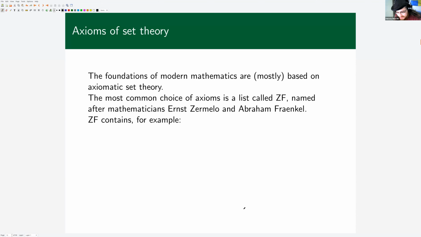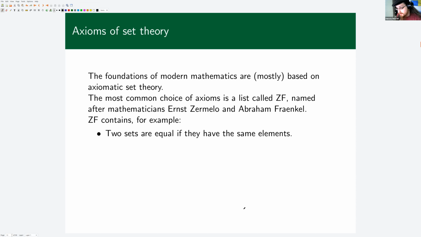And they're very simple statements about how sets should work in everyday mathematics. So for example, the first one is basically a definition of what it means for sets to be equal. Sets are equal if they have the same elements. Of course, if they are equal, then they have the same elements, but the important statement here is the other direction.